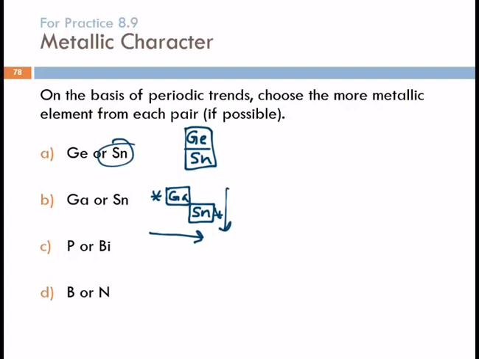Conflicting trends. So a reasonable answer is not possible. Neither of them is identified on the periodic table as a semi-metal or non-metal, so I'm going to stick with can't tell. Not possible.